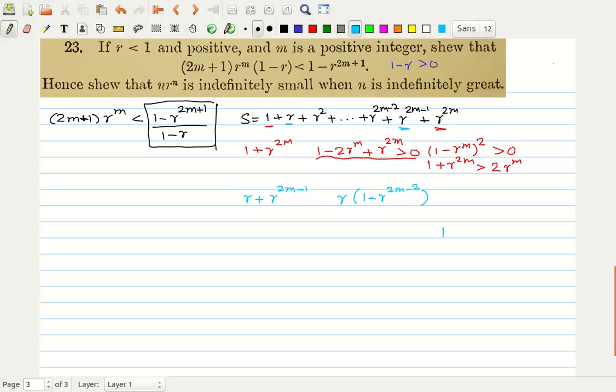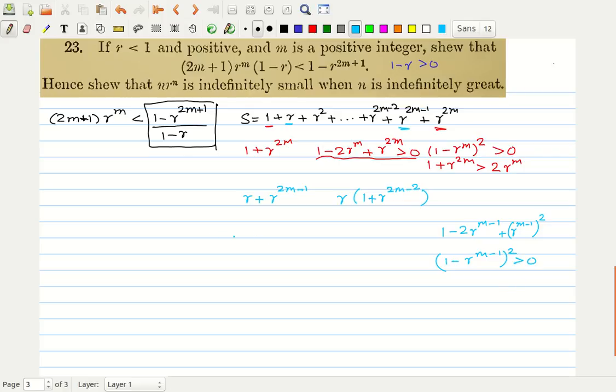Sorry, this is plus over here, so I can write this as 1 minus 2 r to the power m minus 1 plus r to the power 2m minus 2, a square. If I consider this expression, this means that this will be actually equal to 1 minus r to the power m minus 1 square, and this expression is also going to be greater than 0.